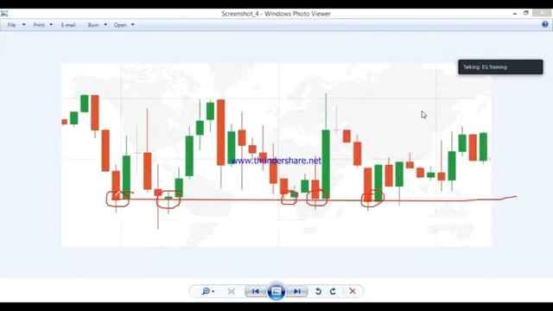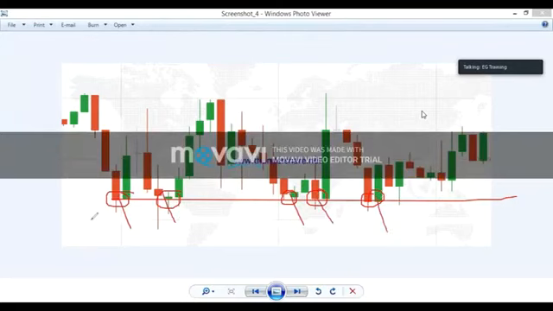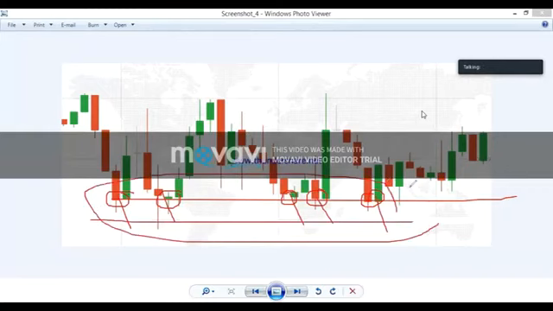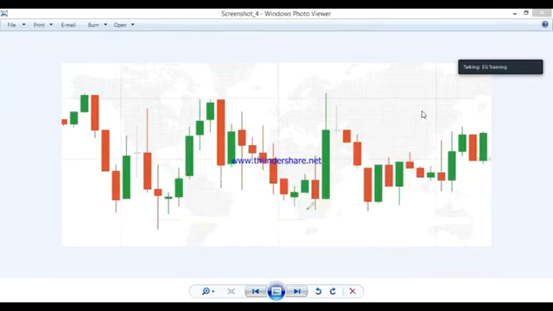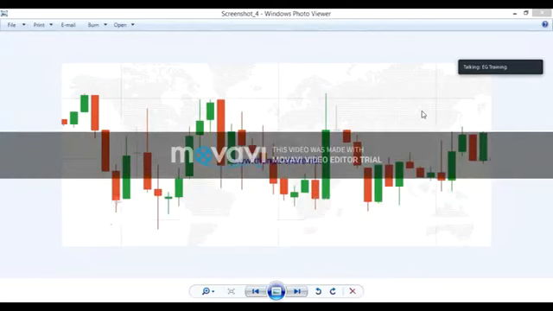If you see this market, it respected first time, second time, third time, fourth time, fifth time. In the five times, it respected this level 100% of the time, because there is no breakout or bearish candle at this area. The market closed here and reversed directly without any breakout.